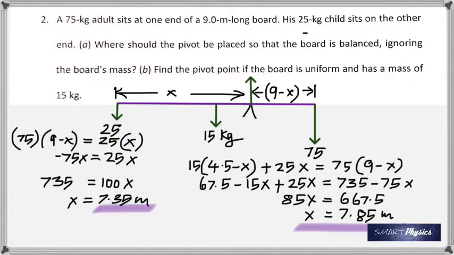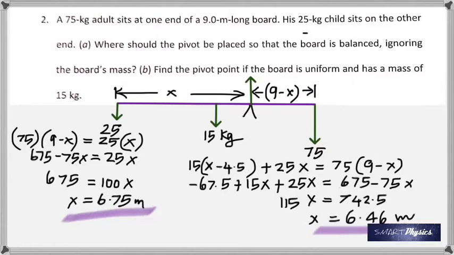So that's why we have 675 minus 75x is equal to 25x. Take this to the other side, becomes 75 plus 25, which is 100x, from which you get x is 6.75 meter.